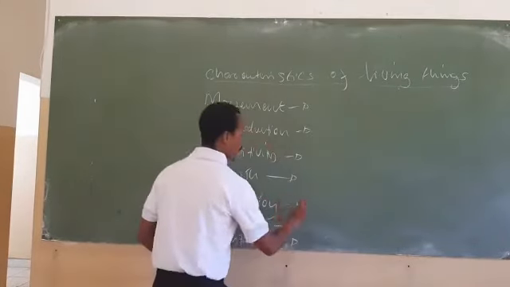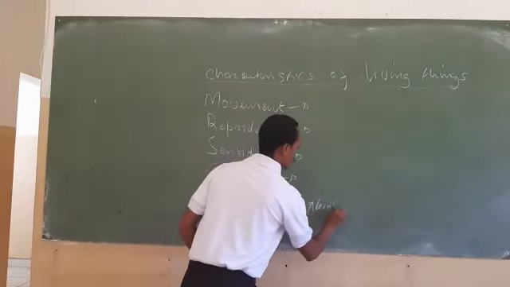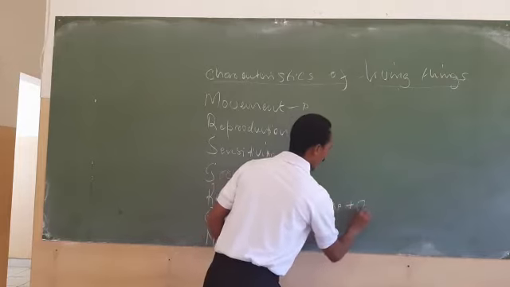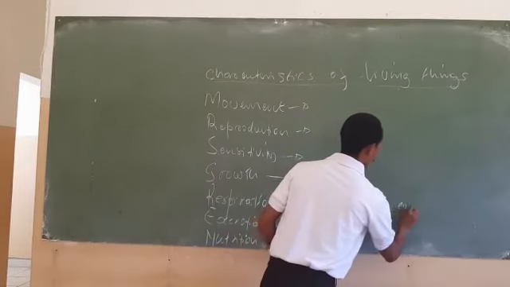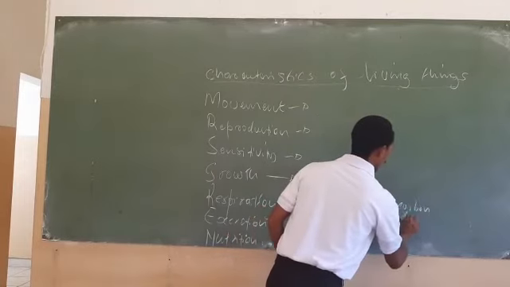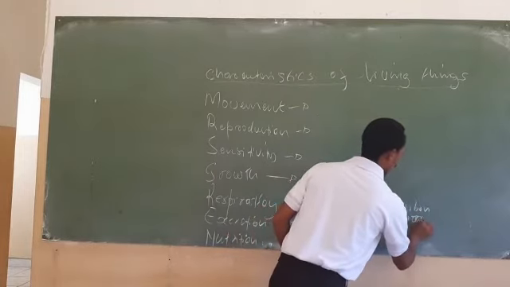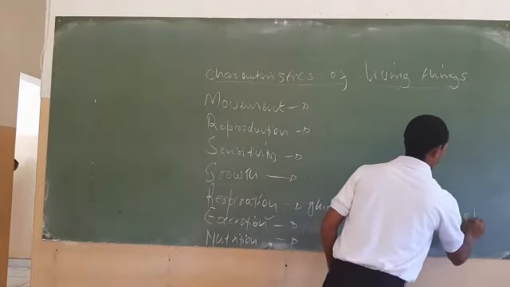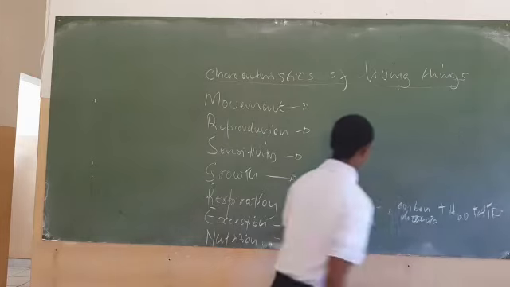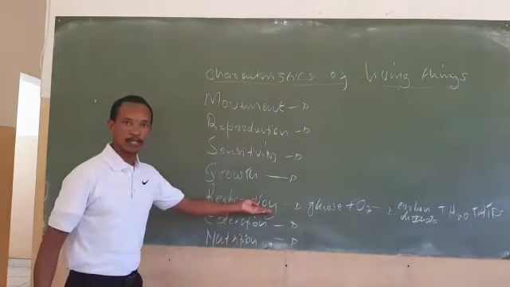Because here we have got glucose burnt by oxygen, which produces carbon dioxide plus water plus ATP. That is our respiration. You see that?